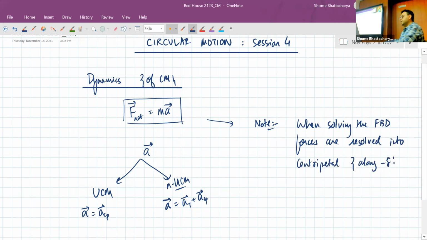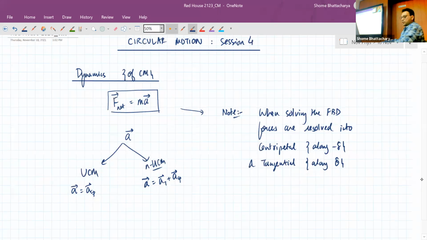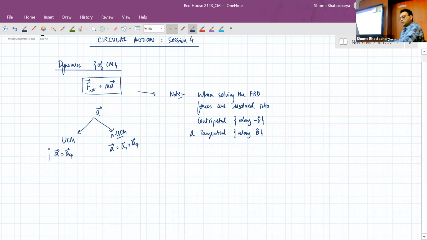Remember, r cap was the radial unit vector pointing radially outwards, okay, and tangential, that is along theta cap, the tangential unit vector. So that is the concept that we use. And of course, you know the formula for centripetal acceleration and tangential acceleration.